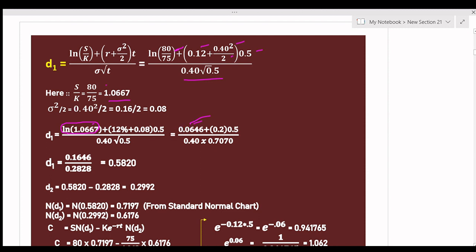And sigma squared by 2 is equal to 0.4 square by 2, which is 0.16 by 2, that is equal to 0.08. Putting the value, that is R plus sigma square by 2 is equal to 0.12 plus 0.08, into T 0.5, divided by 0.40 into root over 0.5.